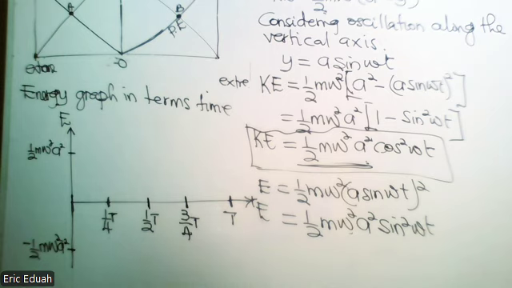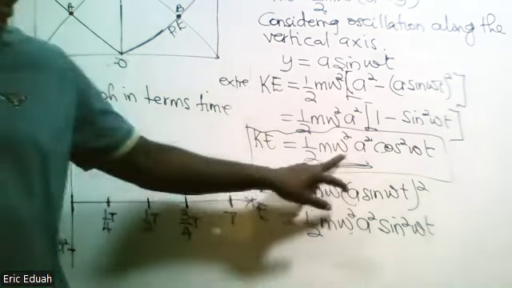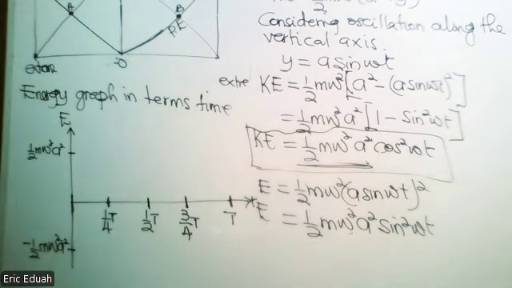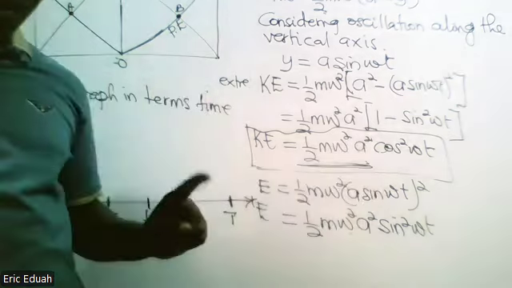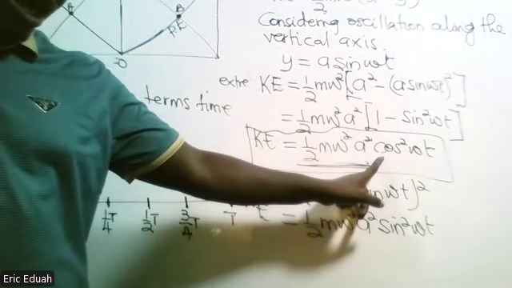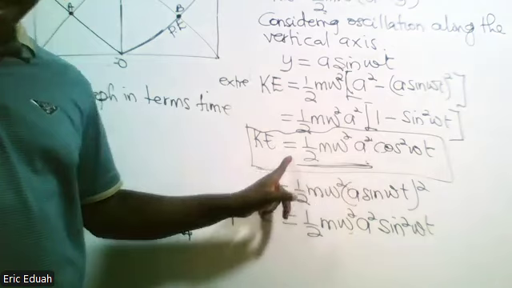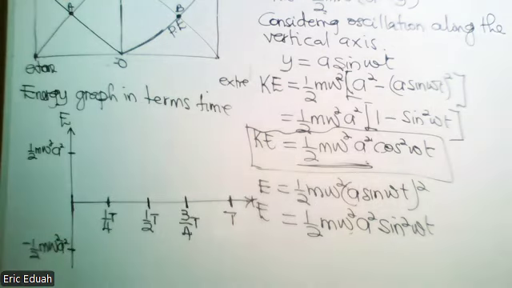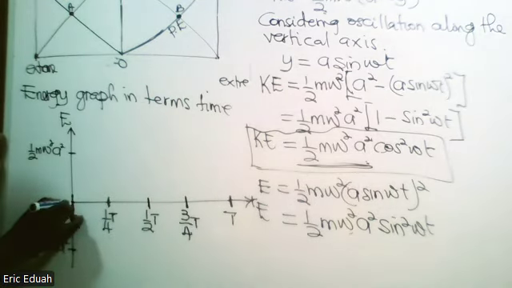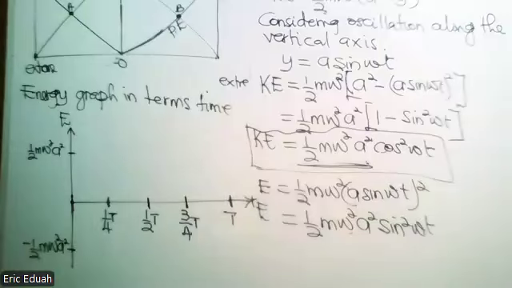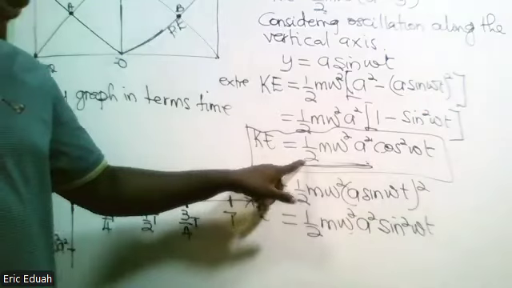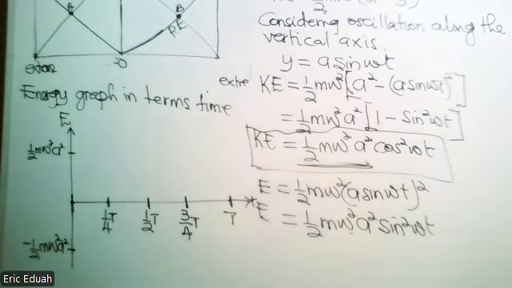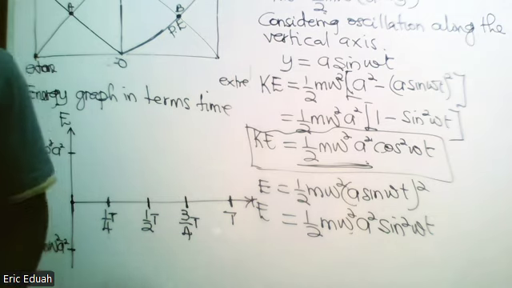Now we are plotting kinetic energy first. When T is equal to 0 or theta is equal to 0, what will be the kinetic energy? So we are starting from when the time is 0 or the angle is 0. When T is 0 or theta is 0, what will be KE? Calculate and share with me.